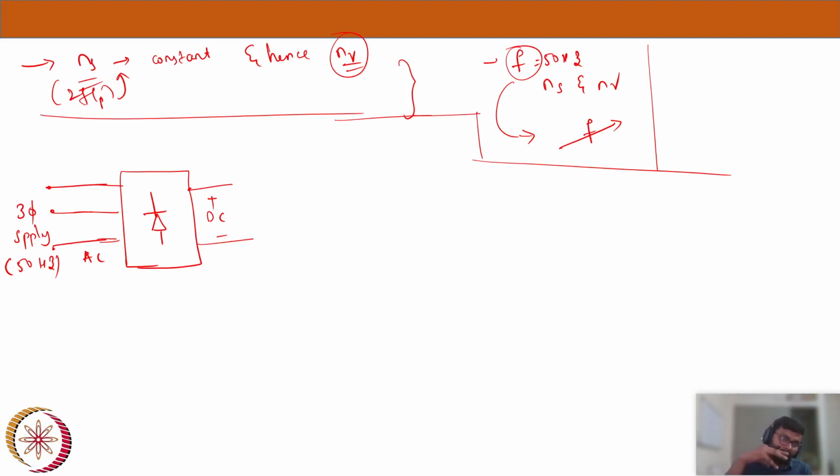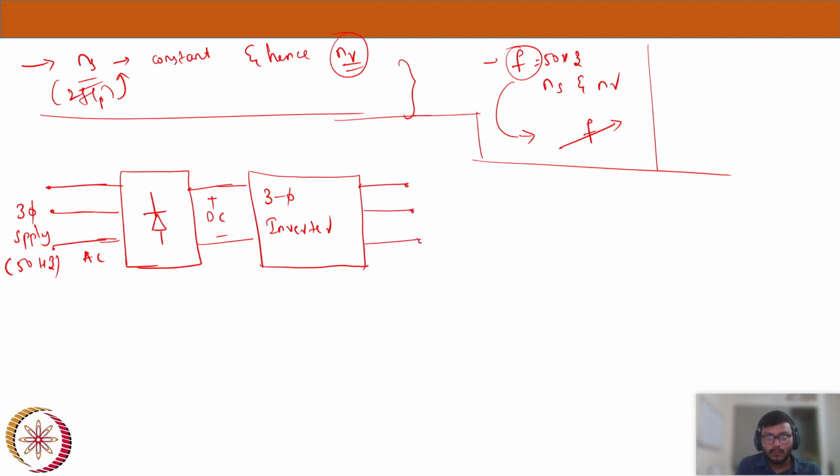Now I will feed this DC supply to a three-phase inverter. What does an inverter do? It will convert DC into AC. Now here again we have AC.